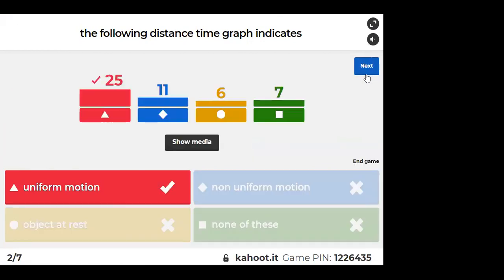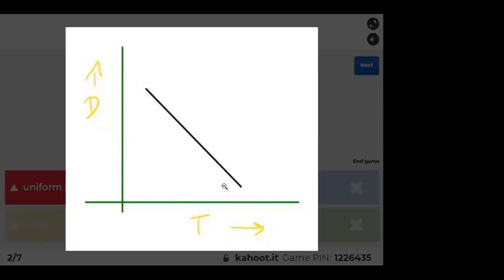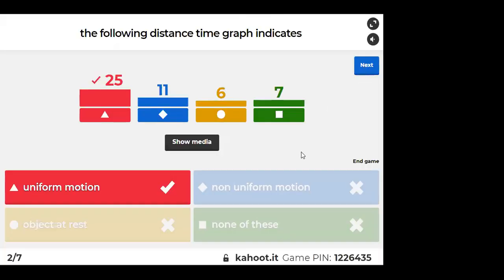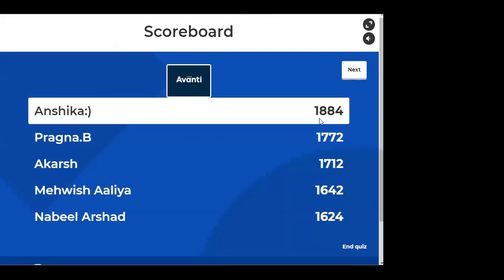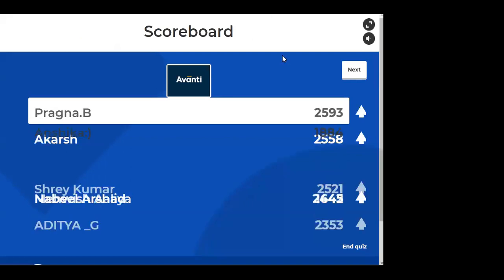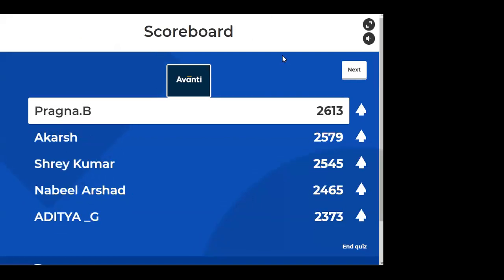Uniform motion. Correct? Yes or no? So it is a straight line, sir. We studied whenever it's a straight line, it represents uniform motion. Right? Speed is the same. So uniform motion. Next.